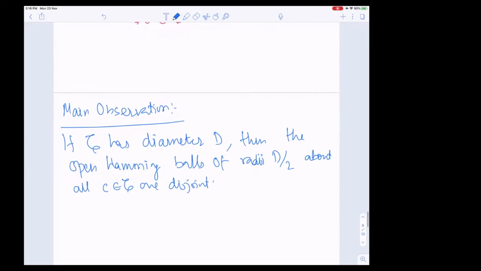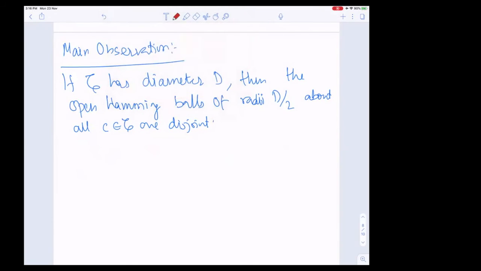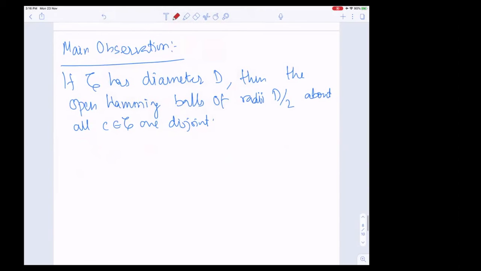Okay? Now, what is the meaning of this? Let's try to understand. Here is a ball around some c.